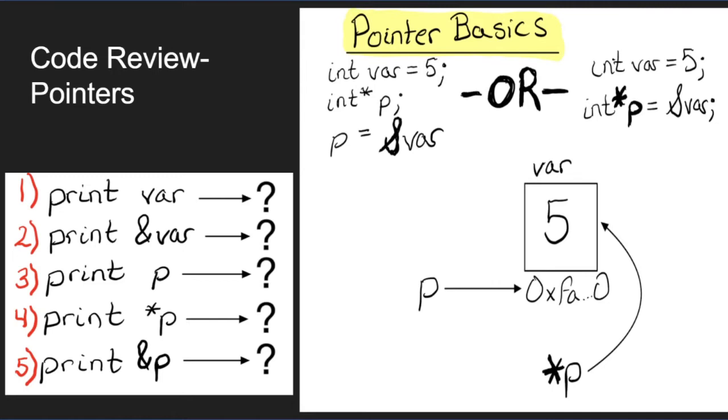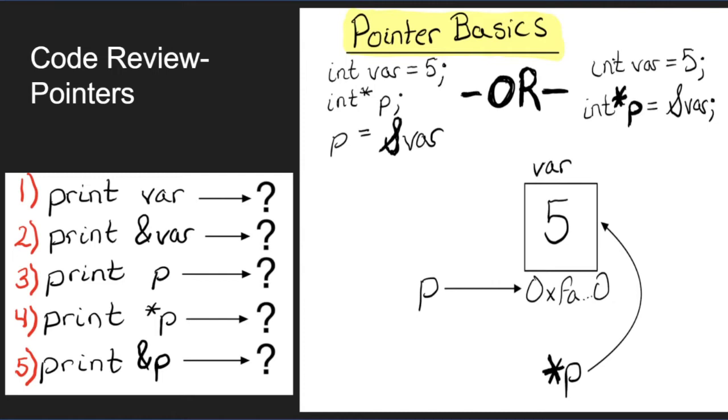So you should just get the regular value of p instead of any error or anything occurring. Would it not print out the memory address of p itself?